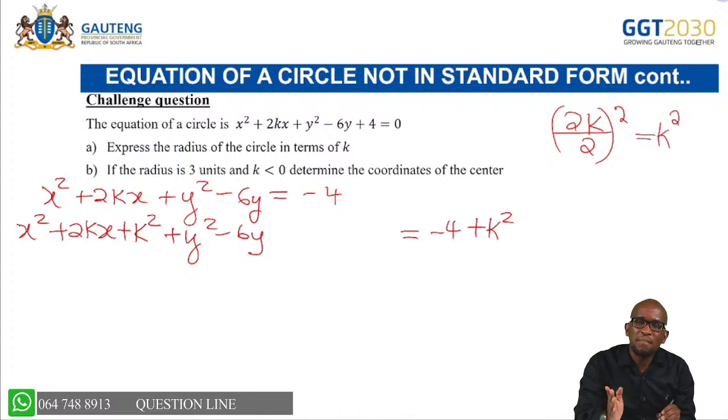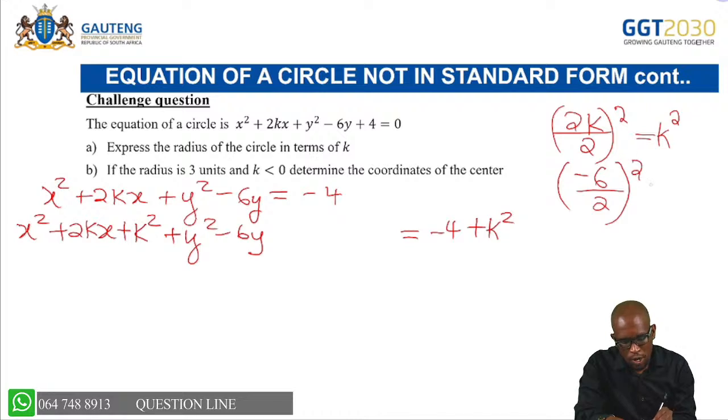So we need to take minus 6 divided by 2, and then we square the result. Minus 6 divided by 2 is minus 3. Squaring the result in this case would give us the value 9. So we're going to add 9 on the left and add 9 on the right.